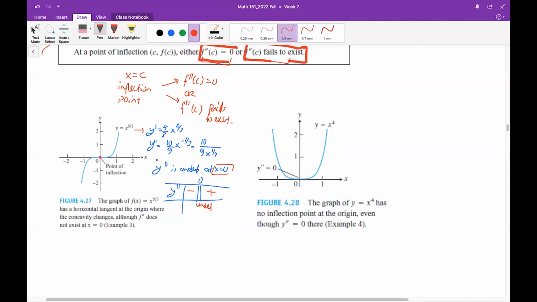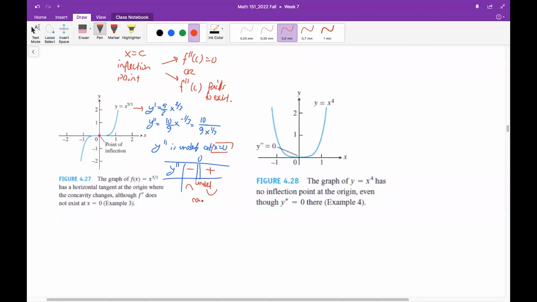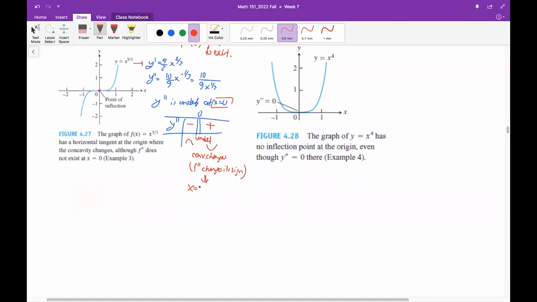As you can see, the second derivative changes its sign here. Concavity changes. It is concave down first, and then it becomes concave up. So concavity changes, meaning that the second derivative changes its sign. After you verify this, you can finally conclude that x equals 0 is an inflection point of this graph, at which the concavity changes.